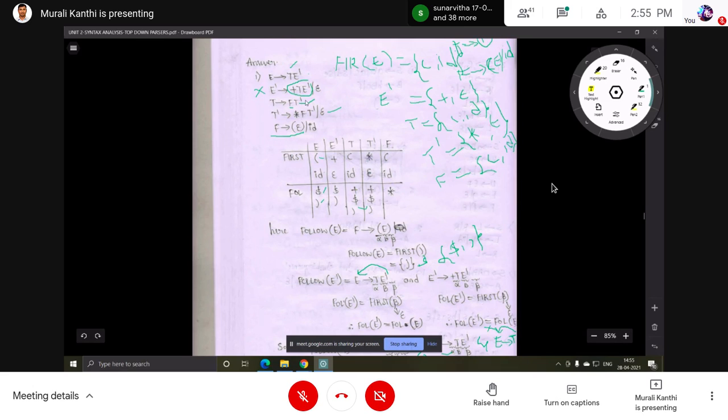Okay, if we substitute also we don't get anything. So only 2 we will get. After T dash, what is there? Nothing is there. Then follows of T. Then here also after T dash, what is there? Nothing is there. Then follows of T dash. So T dash we are still finding, so don't consider this one. So consider the first one. Follows of T. Follows of T means what? Plus dollar closing parenthesis. Same will be added to the T dash also.